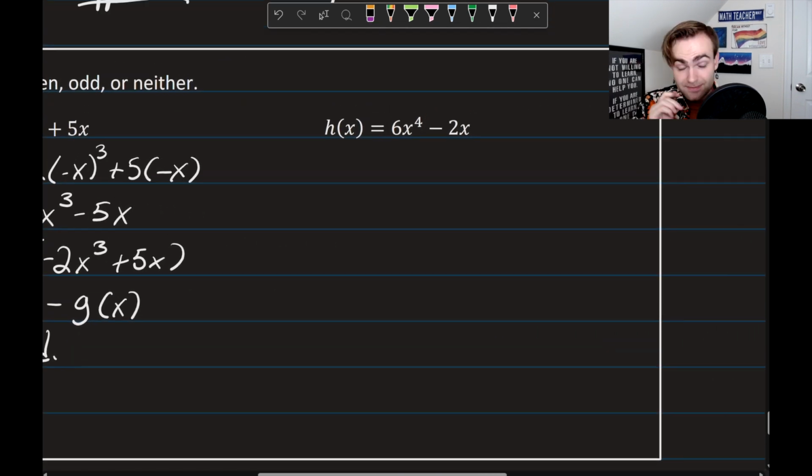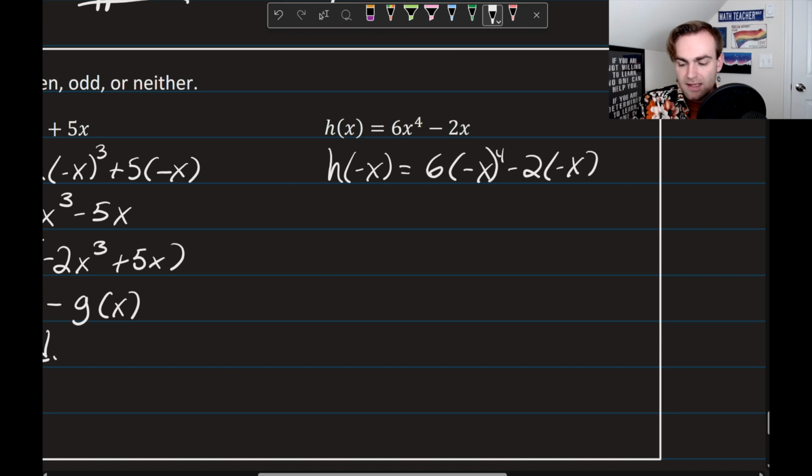Last but not least is h. So h of negative x is equal to 6 times negative x to the fourth minus 2 times negative x. Remember that a negative raised to an even power becomes positive, and a negative times a negative is also a positive.